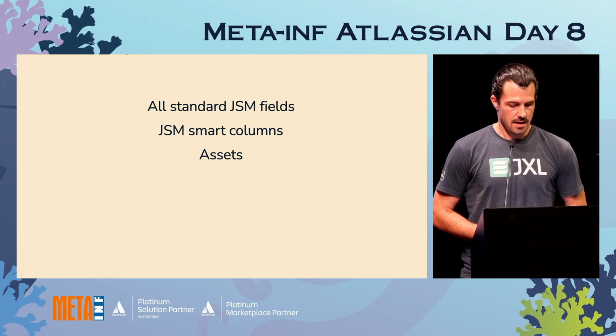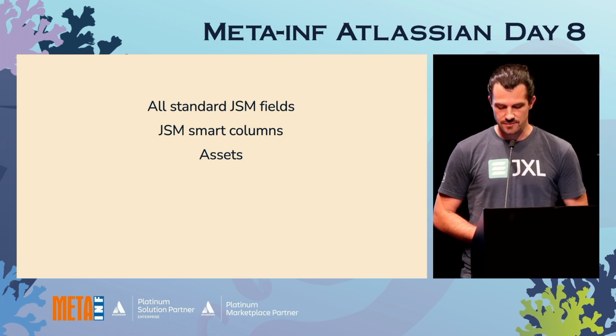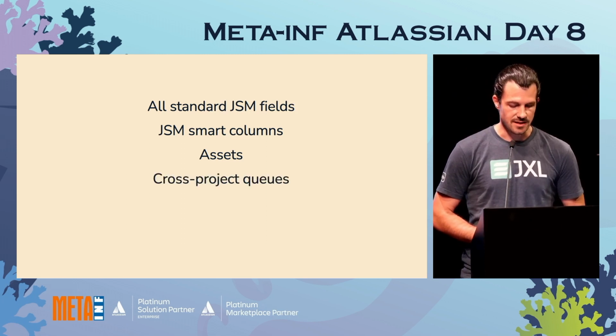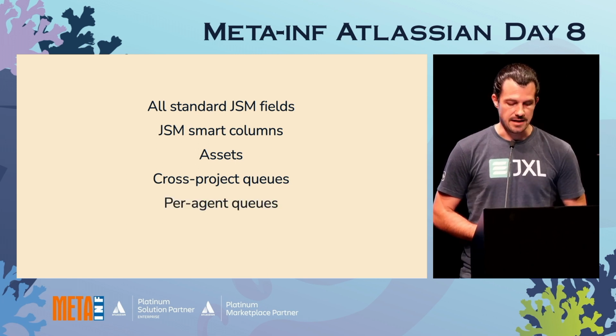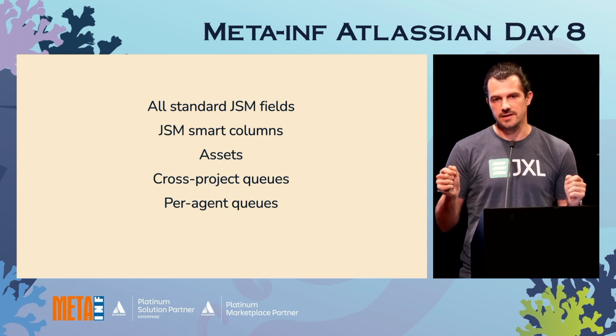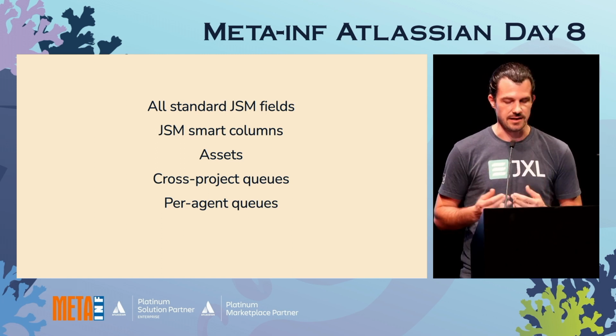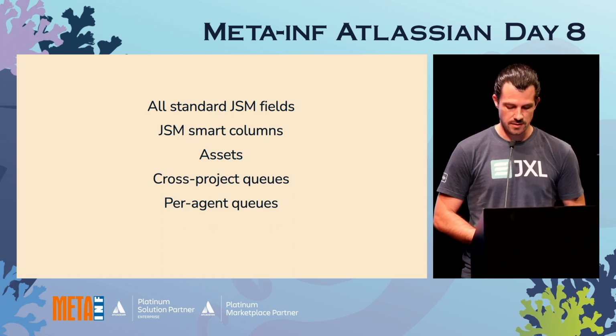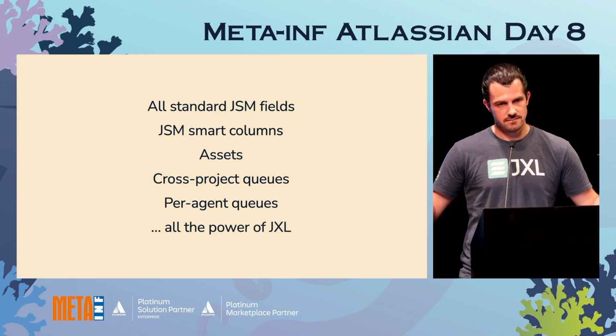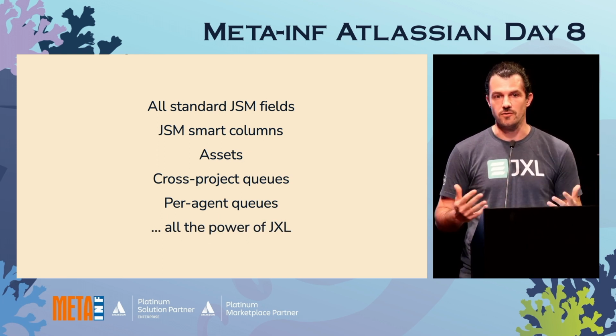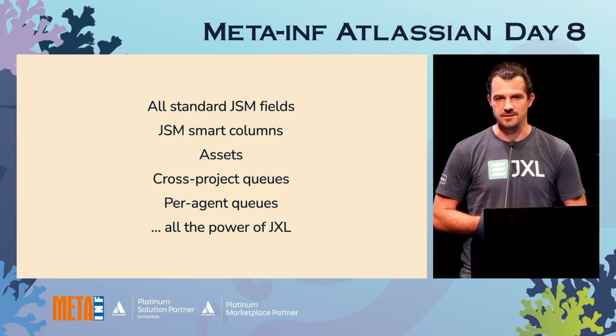Assets and affected services are fully supported. We saw cross-project queues, which I think is quite exciting. And with the inline filtering and things like that, you can very easily do things like per-agent queues, for example. Of course, any JSM use case will benefit from all the power of JXL. JXL works across any project and of any type.